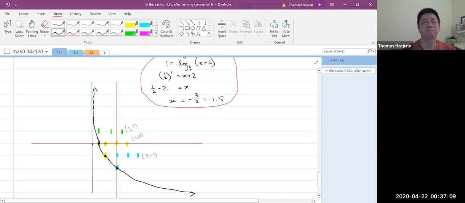Okay, now that's for y equals log base 1/2 of (x plus 2) minus 1.